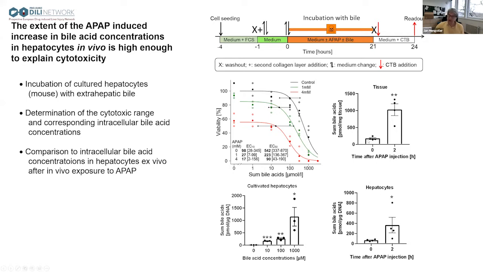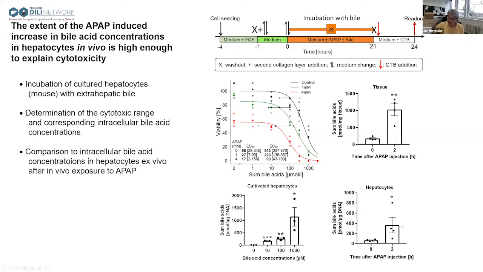So here we see again that after APAP overdose in vivo, the tissue concentrations of bile acids increase. And when we isolate hepatocytes from these mice and analyze bile acids and normalize it in a similar way as in the in vitro experiment, we see that APAP causes an increase of intracellular bile acids to approximately 400 micromolar.